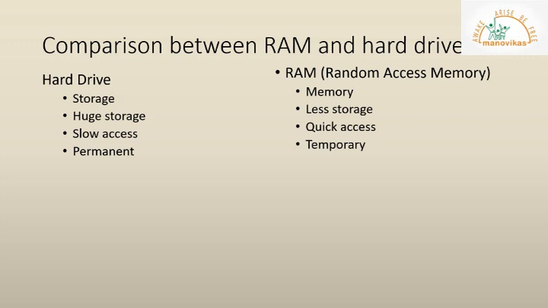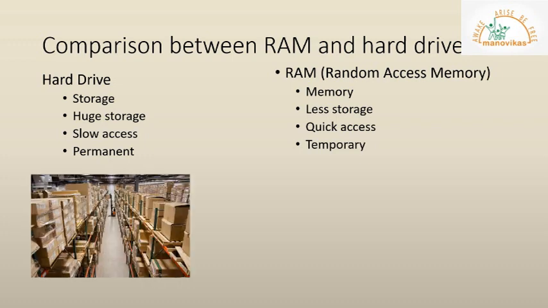Now I will explain this with an example. Imagine you have a massive storage house wherein you are storing lots of things, and it has only a small door to access. Now if you want to find something and take it out quickly, it will be difficult, isn't it? You will find it, but through a small access it will take a lot of time.